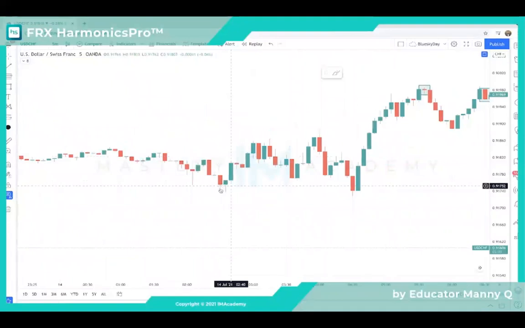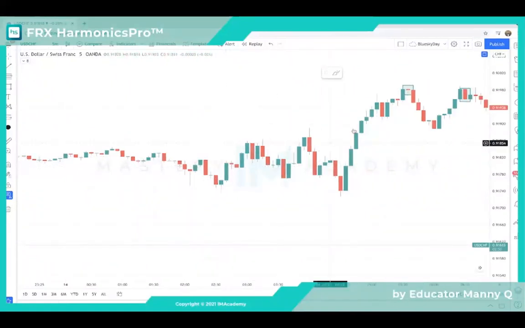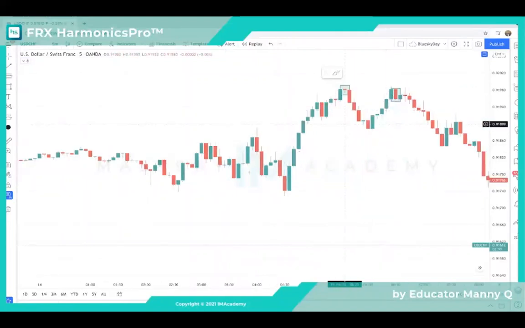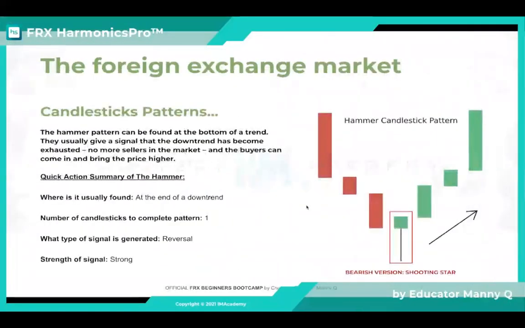So as we can see right here, we have the hammer candle. The market was trending down. We had a hammer candle. Price began to push up. Price really stood above this zone. And as we can see, price began to give us a nice run up in the market right after that hammer candle was formed. So very, very good candlestick pattern.